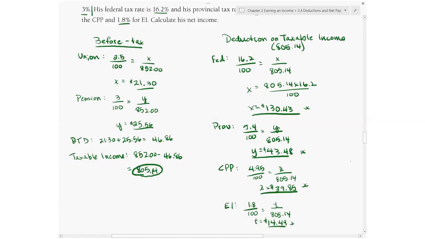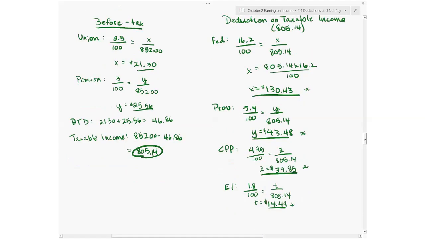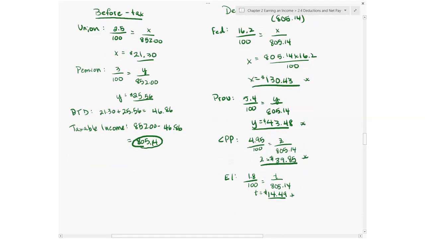Okay, so these deductions, let's add them all up. So we've got 130.43 plus 43.48 plus 39.85 plus 14.49.